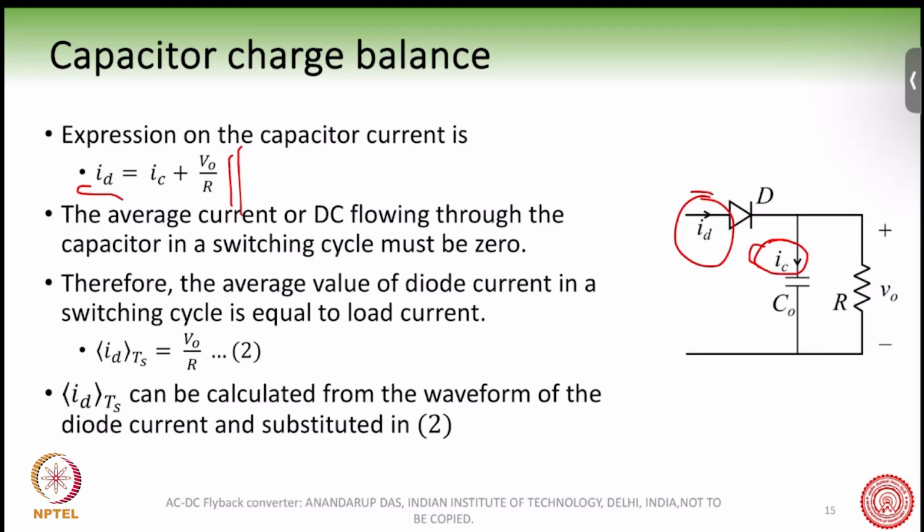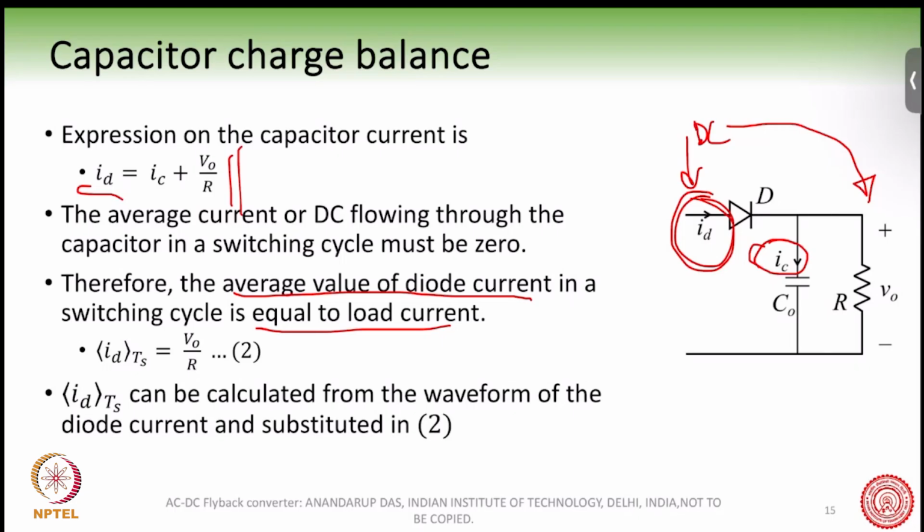So whatever DC content is inside the diode current should flow into the resistor. So the average value of the diode current in a switching cycle must be equal to the load current.